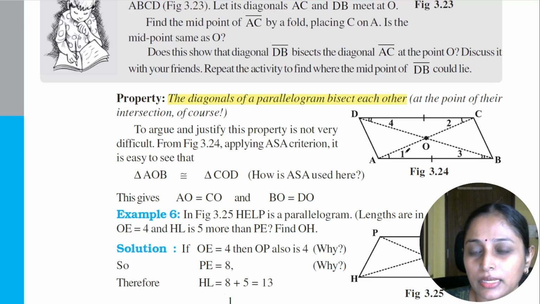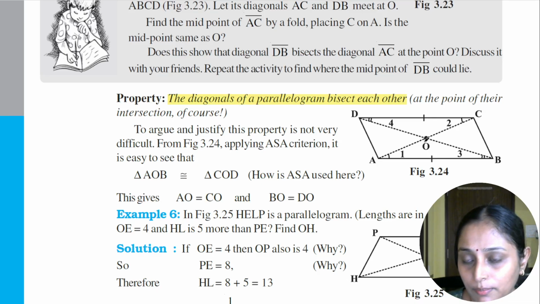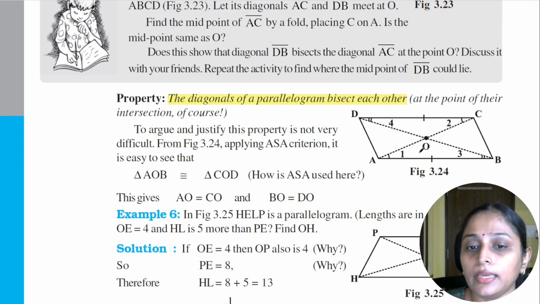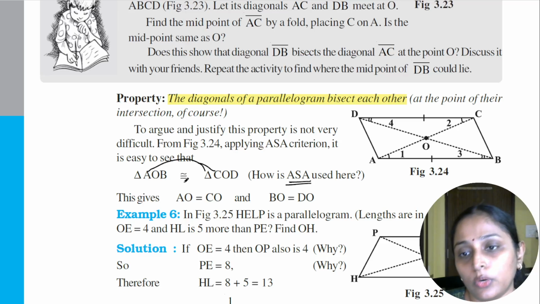Now clearly these are congruent because angle 1 is equal to angle 2, angle 3 is equal to angle 4, interior opposite angles between the parallel lines AB and CD, right? And the other one is AB is equal to CD. So here I have ASA congruency to prove AOB is congruent to COD. Please make sure that we have to write the corresponding sides. The A is corresponding to C here, right? So AOB is congruent to COD.